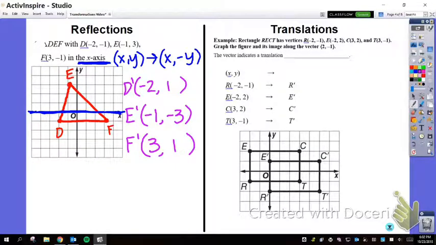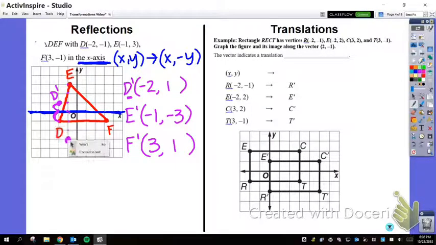Now, to graph this, you can just graph these points that we have here, D prime, E prime, F prime. But you could also look at the graph. So we see that point D is 1 unit away from the line of reflection. So that means that it has to be 1 unit on the opposite side. So that would be where D prime is. Now we also see that that point is still -2, +1, like we found right here. Okay, so let's look at E. It's 3 units up, so we're going to go 3 units down.